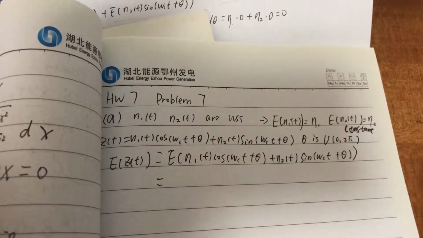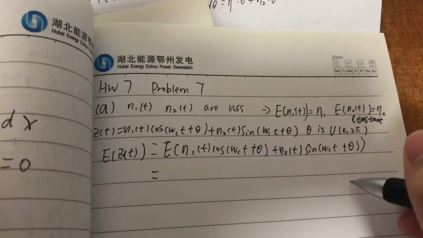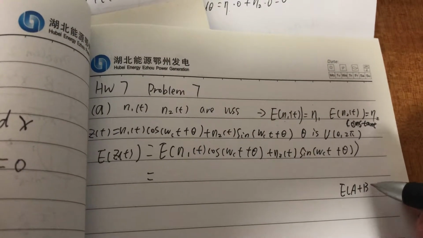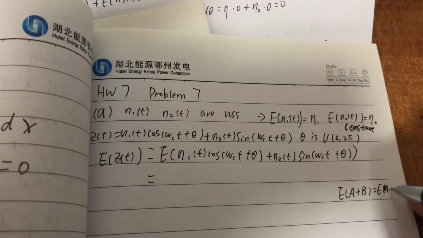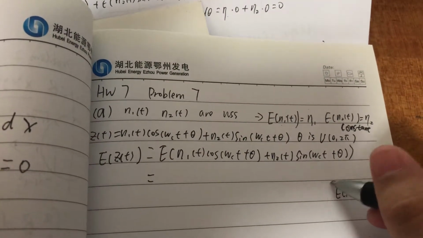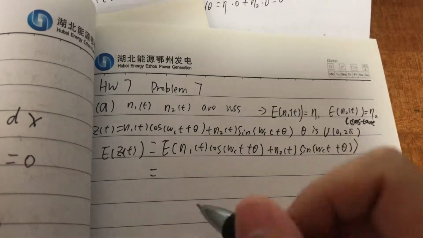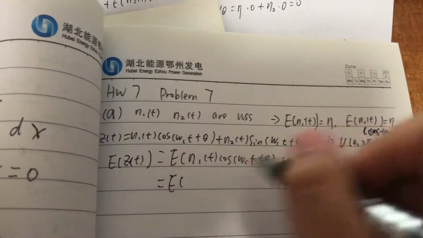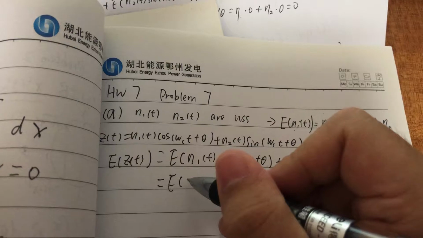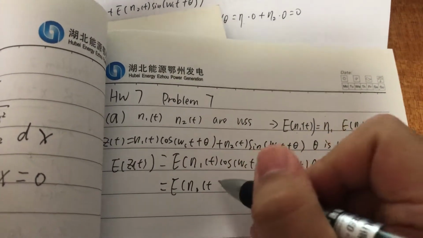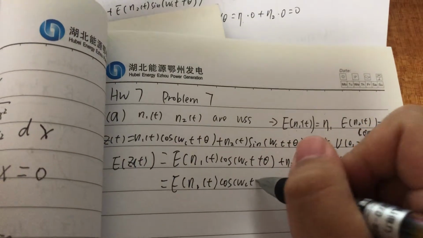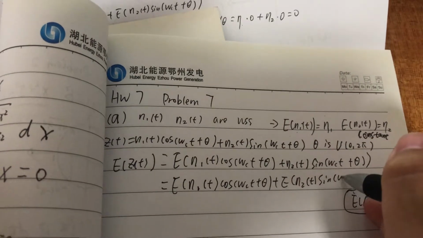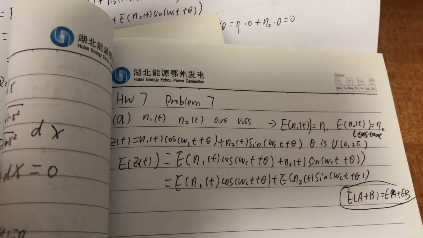According to the previous lecture, the mean of A plus B equals the mean of A plus the mean of B. So we plug in here, and this equals the mean of N1(t) cosine(wct plus theta) plus N2(t) sine(wct plus theta).